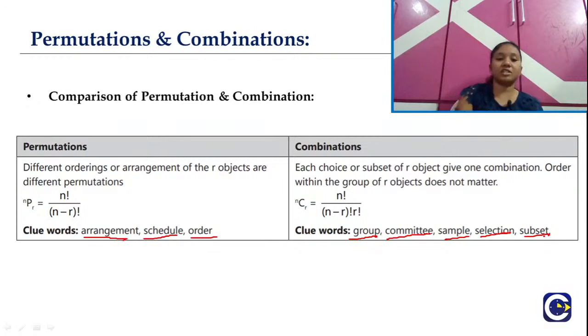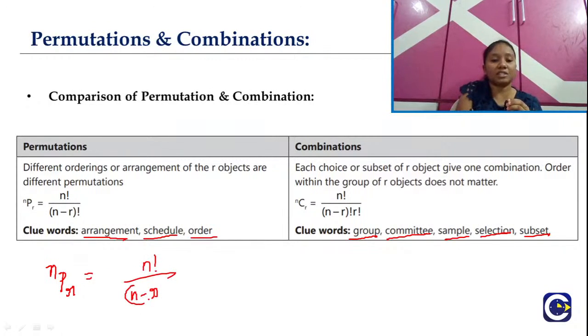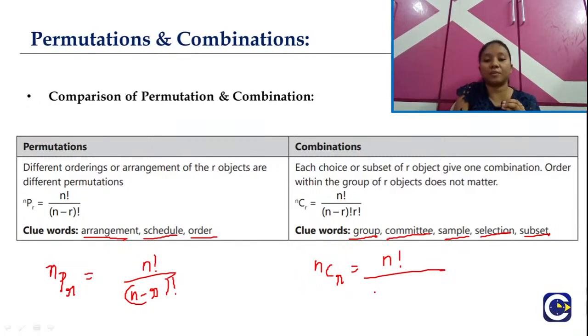So the basic difference: here order does matter, here order doesn't matter. And nPr expansion will be equal to n factorial by (n minus r) factorial, and nCr expansion will be n factorial by (n minus r) factorial into r factorial. Right.